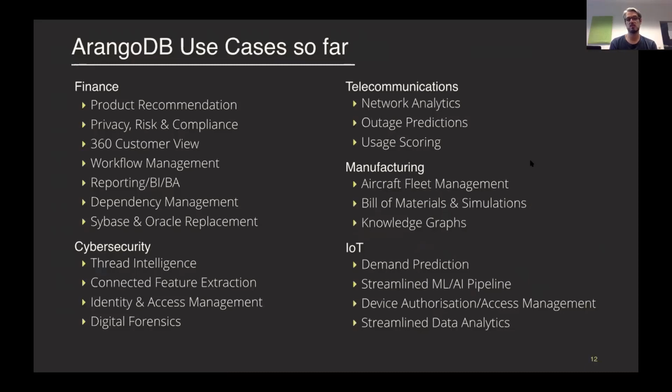The metadata that you then store for your sensors fits well to a document model. In manufacturing, we have a lot of fleet management. If you think about an aircraft and the different parts and the different components, this also forms a graph. You have also then different information that you want to store for these parts. So a JSON document comes in handy. So you can see we have quite a large spectrum here.